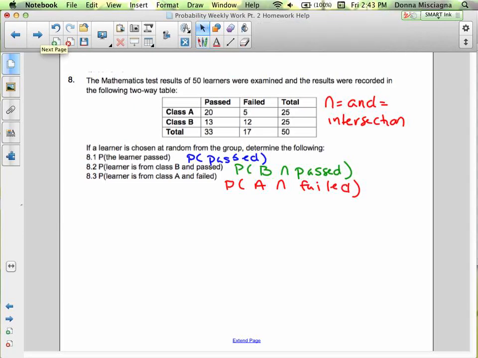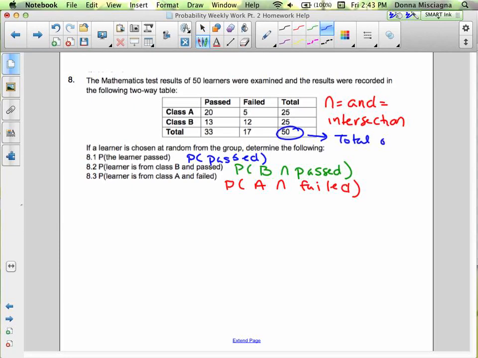In all the cases, these are your total outcomes, the total number of students. Right? And write these as fractions in lowest terms, for all.